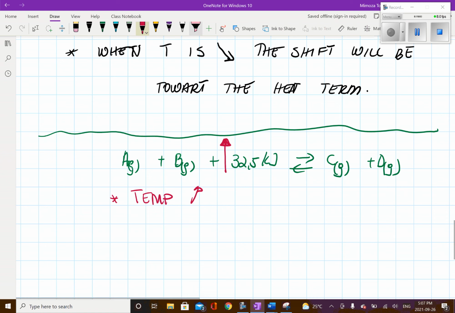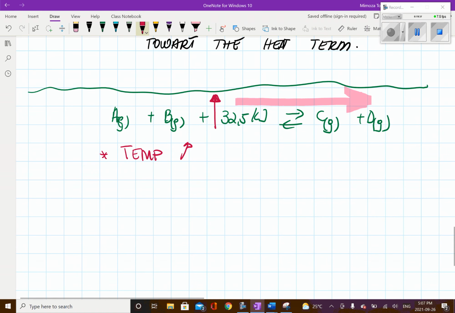So the system will try to use the heat that was added to the system. The system being in equilibrium, something new is added, so it will try to use up whatever is introduced, so the system will go to the right.